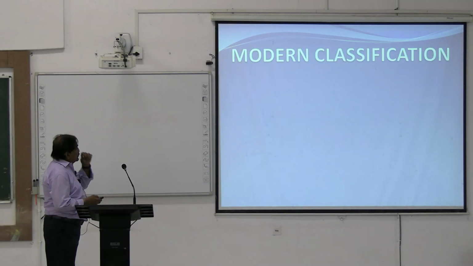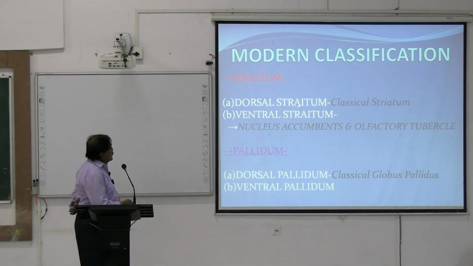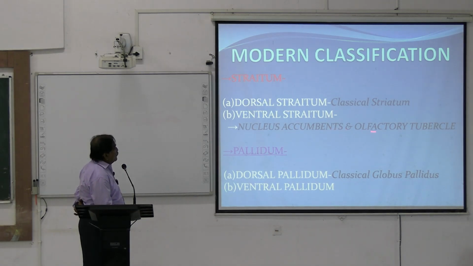Modern classification. Striatum: now a dorsal striatum, classical striatum; ventral striatum, nucleus accumbens and olfactory tubercle.